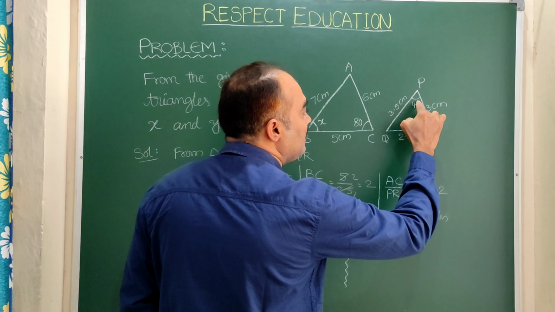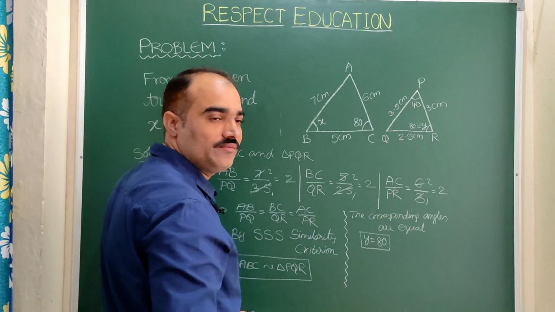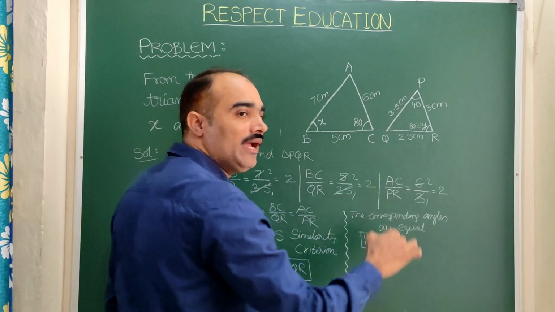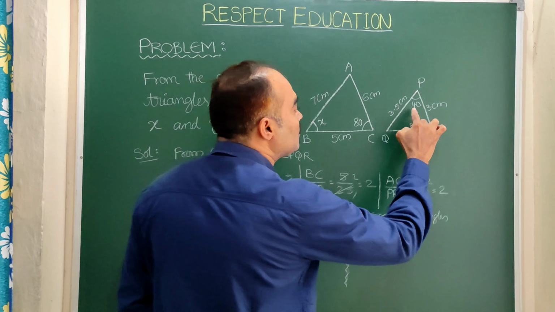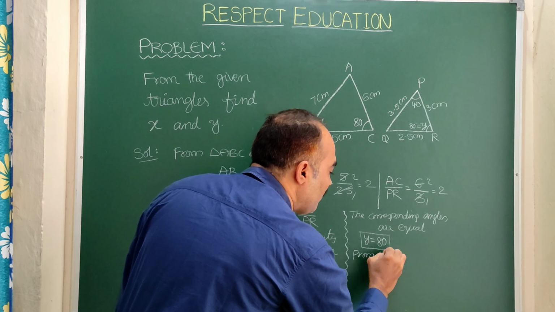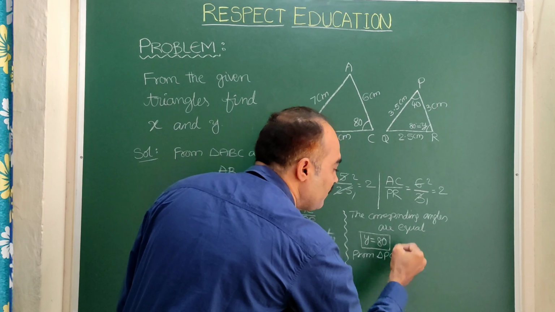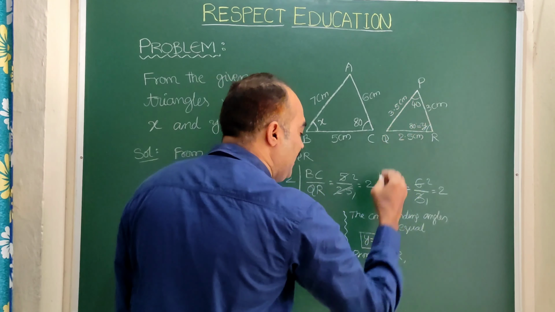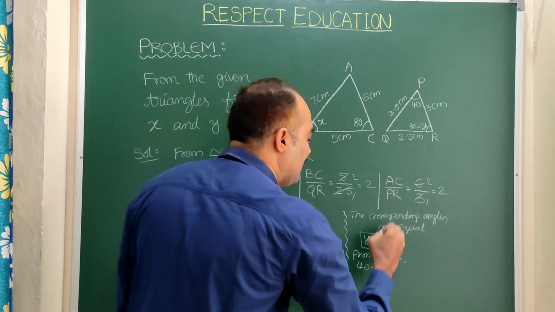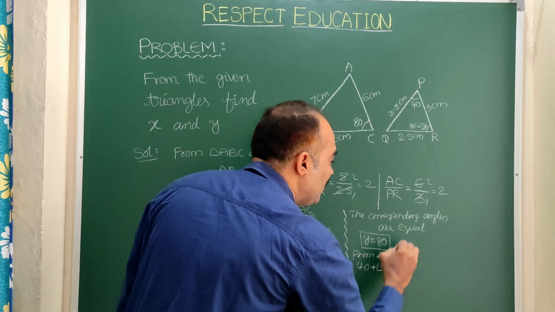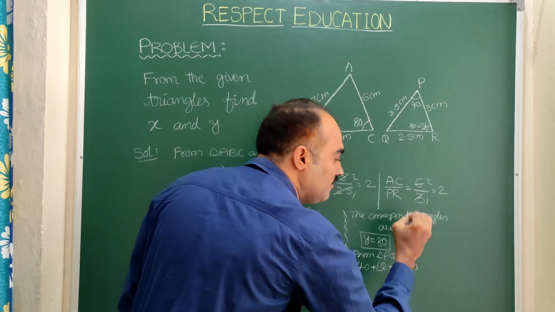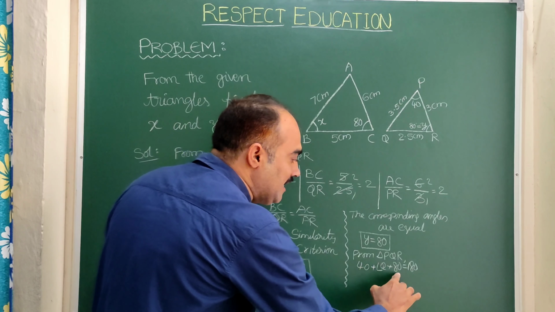Now let us come to the triangle PQR. In this triangle PQR, the sum of the angles is 180 by angle sum property. So from triangle PQR, angle P, which is 40 degrees, plus angle Q, plus angle R, that is Y, which is 80, is equal to 180. 40 plus 80 is 120.